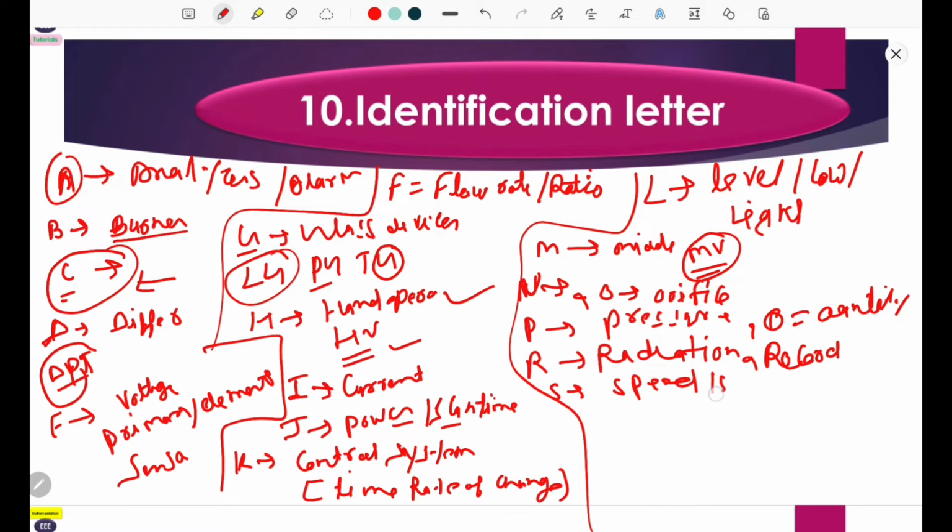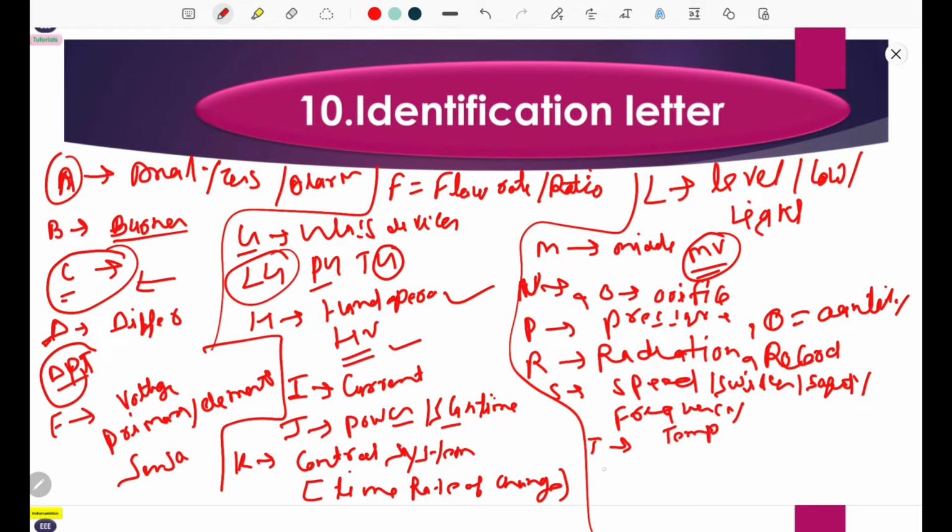S is used for speed, and switch is also used for S, and also safety, and in some areas it is used for frequency. Now T, temperature.